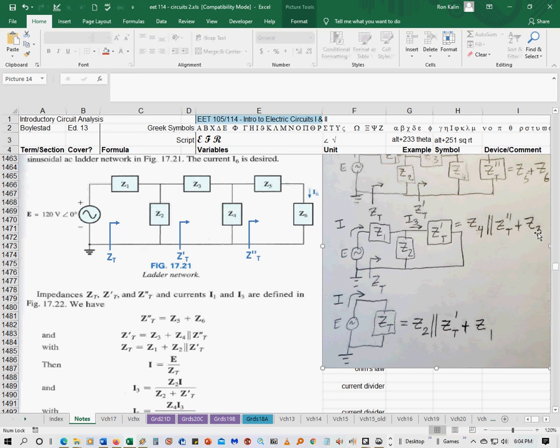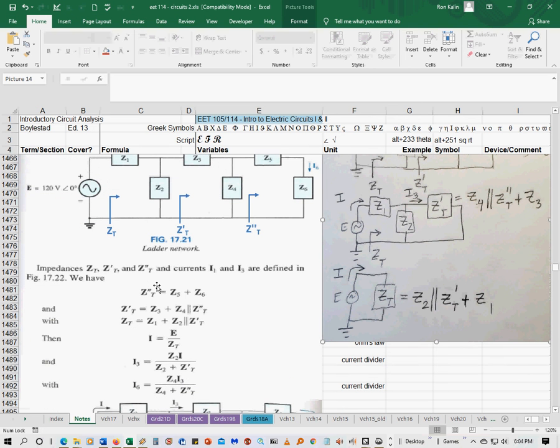It's supposed to be adding Z3, or I'm sorry, so this is correct here. And then the next step that they did was they took Z2 and Z prime T in parallel and added Z1 to it to get the total impedance. So this is how they did this right here. I'm just breaking it down so you can see how they did it.